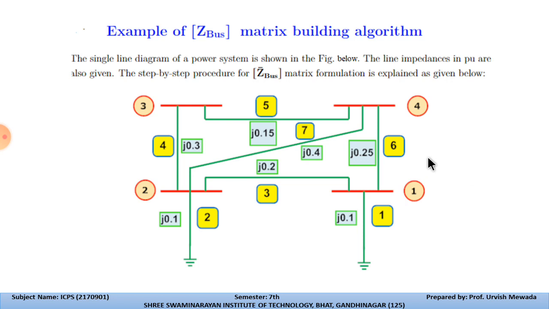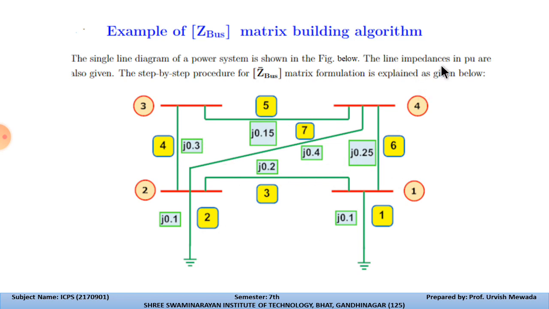The yellow numbers indicate the lines, and here two bus bars are grounded through the generating stations. So the single line diagram of a power system is shown here.